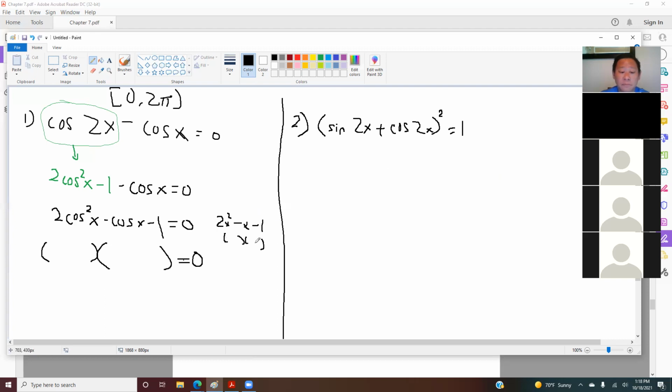In the first parenthesis, I had 2 cosine x minus 1. Yep, continue, Anders. And then cosine x plus 1. Can you help Ming how you get this? Wouldn't it be 2 cosine x plus 1 and cosine x minus 1?